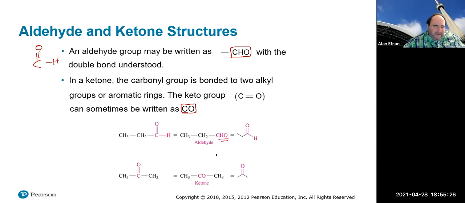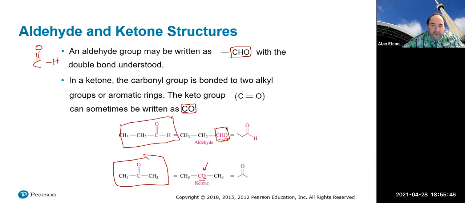Most of the time, people will draw it out rather than write it like that. I don't think you see it all that much. Most people would probably draw it like this, but you may see it written like that. Probably 99 times out of 100, people are going to draw out this structure rather than writing CHO at the end of it.